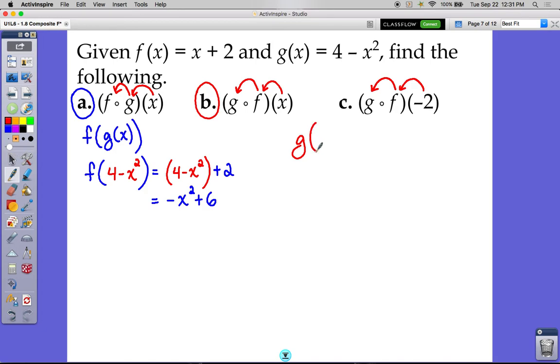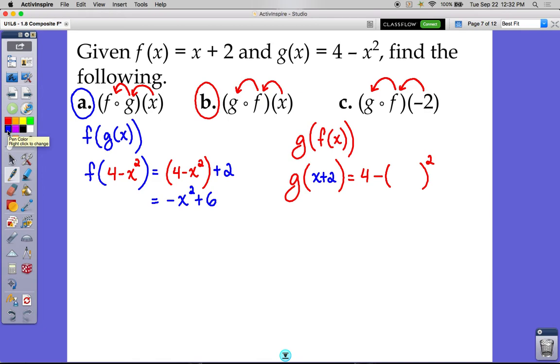So g of f of x, that is, f of x is replacing x in the g equation. That is, f of x, which is x plus 2, is going to go into 4 minus, be very careful here, I'm only replacing the x.